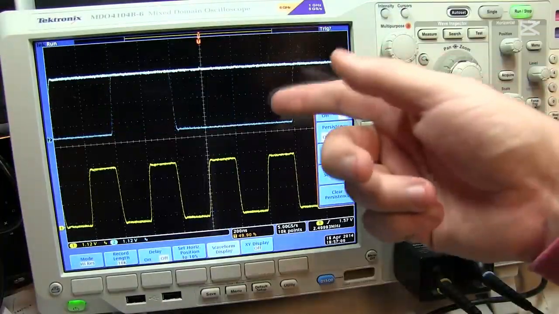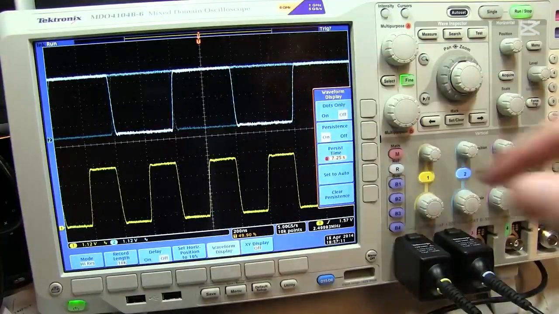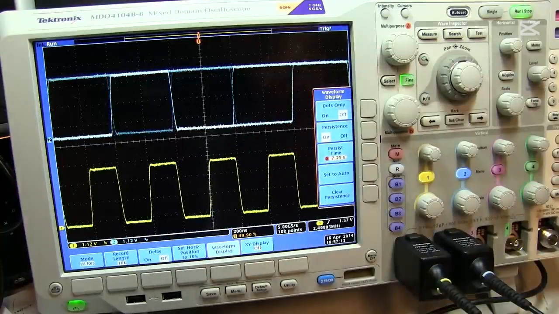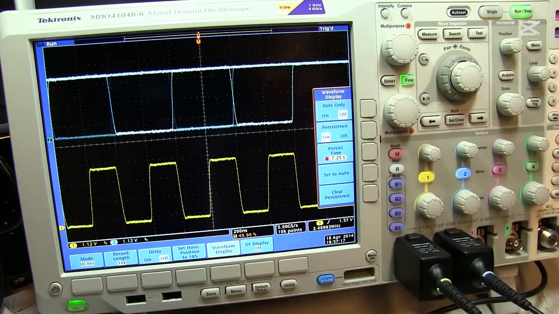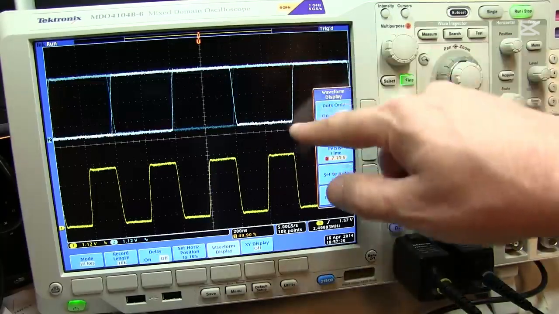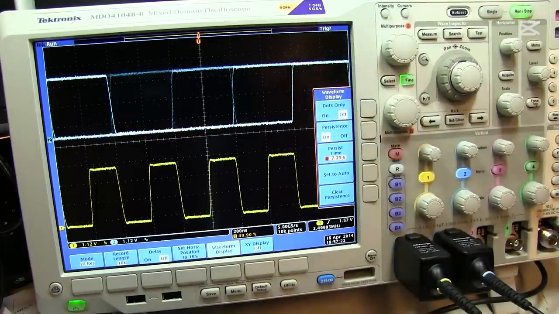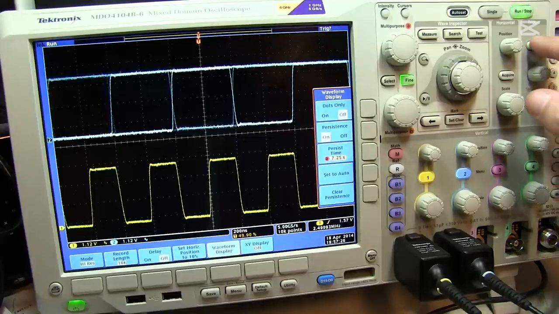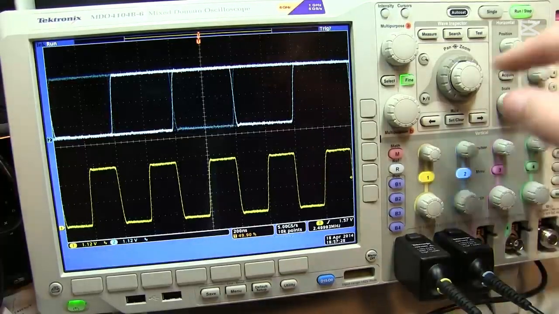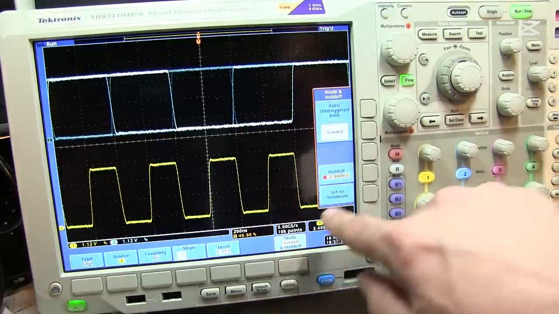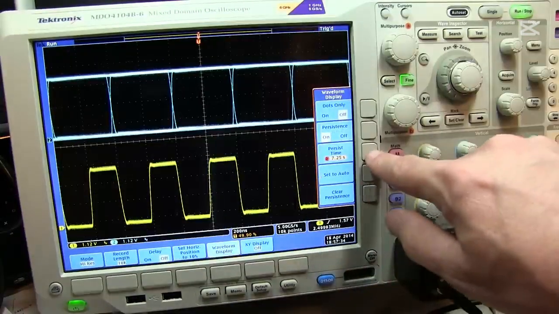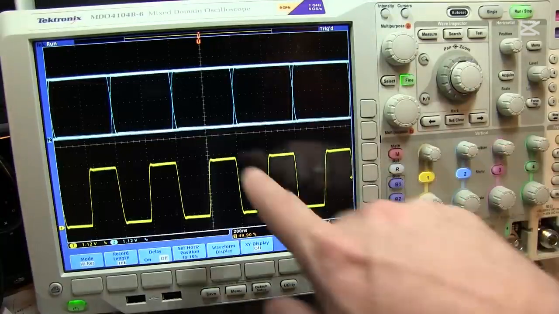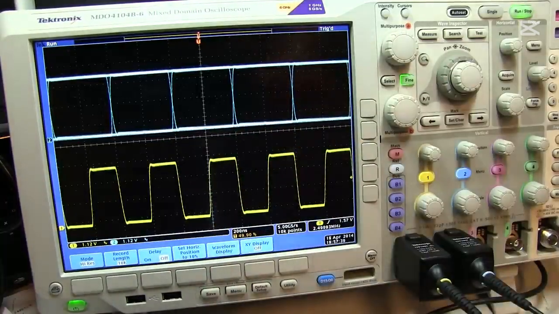Now what is happening here? The pulses are overlapping each other. The zeros and ones overlap each other, and they now look like our eye diagram. That's the concept: the overlapping of these pulses forms the eye diagram.